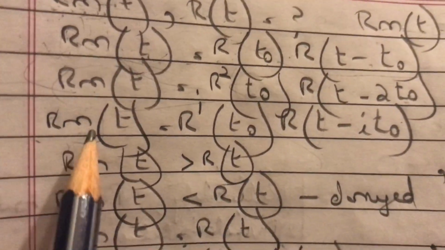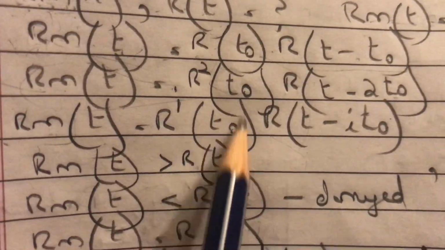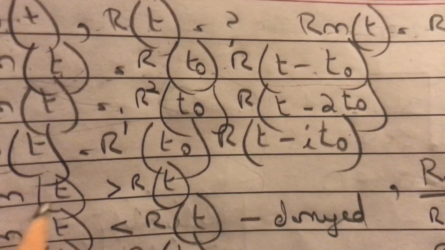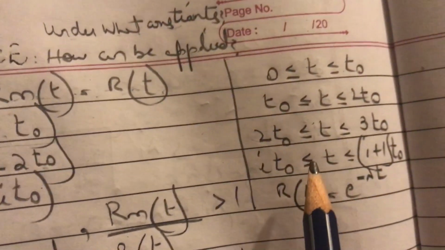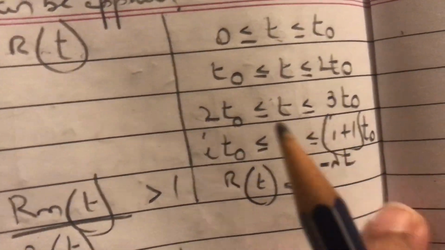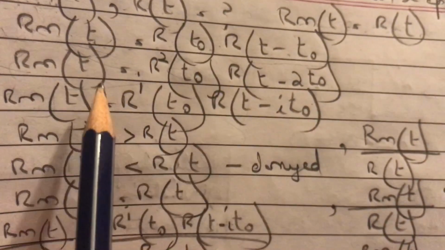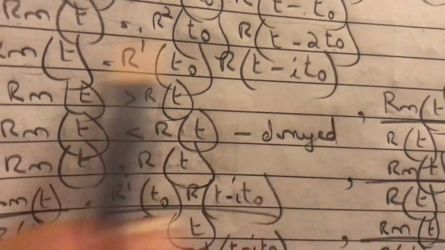And the third is Rm of t equals R of i t0 times R of t minus i t0. This is when we have a limit from i t0 to (i plus 1) t0, and we have the equation in this form.